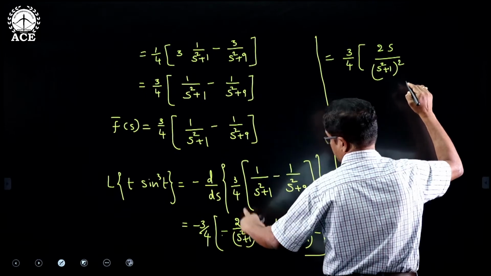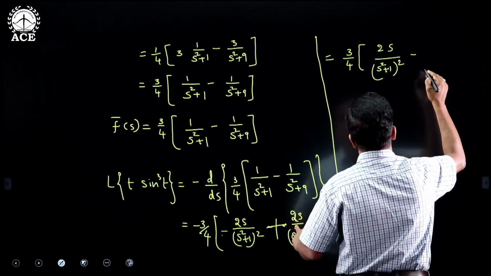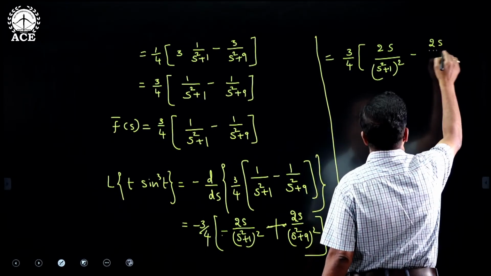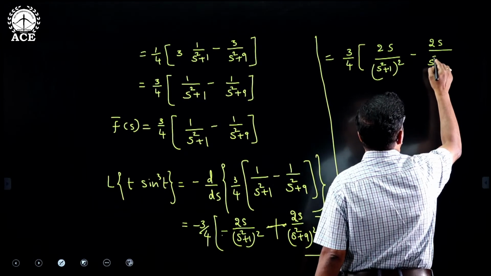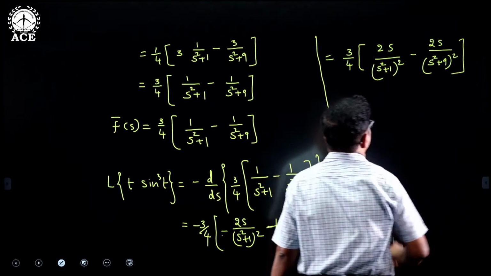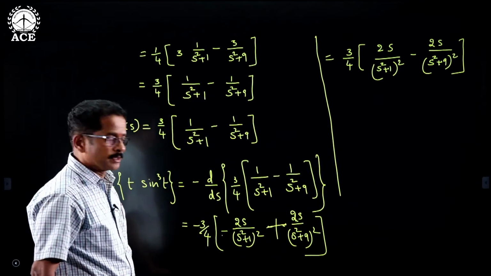And when I am taking minus common, so this plus becomes minus 2s by s square plus 9 whole square. So this is what Laplace transform of t sine cube t.